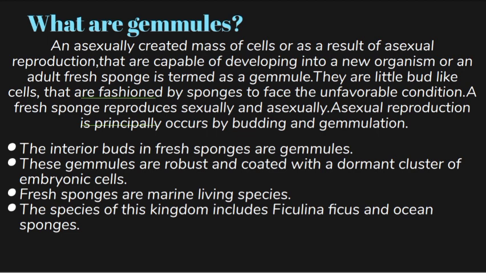These gemmules are coated with a dormant cluster of embryonic cells. These are the embryonic stage of a sponge. Then, freshwater sponges are living species, and the species of this kingdom include Ficulina ficus and ocean sponges. This is about what gemmules are.